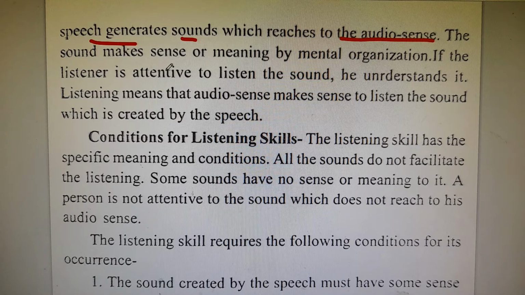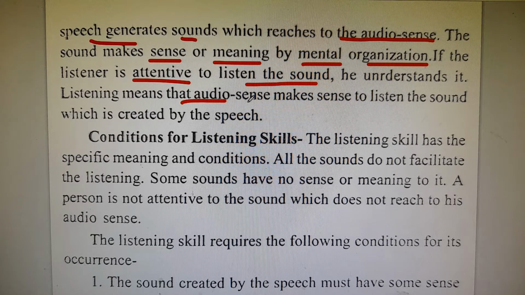The sound makes sense or meaning by mental organization. If the listener is attentive, listens to the sound, he understands it. Listening means that audio sense makes sense to listen to the sound which is created by the speech.